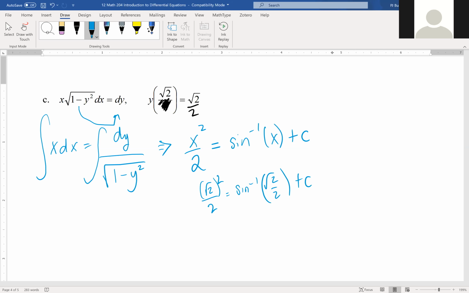So square root of 2 squared is 2, 2 over 2 is 1. What is the inverse sine of square root of 2 over 2? Looks like pi over 4.